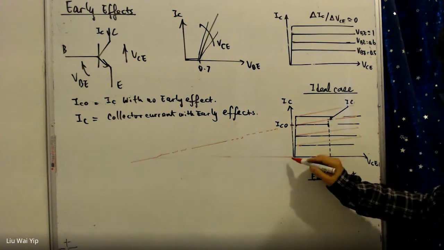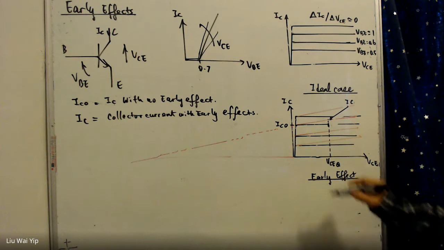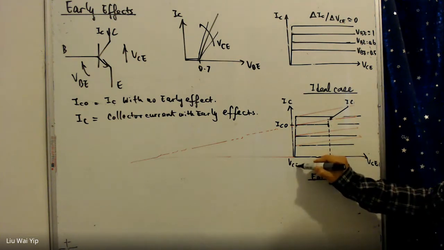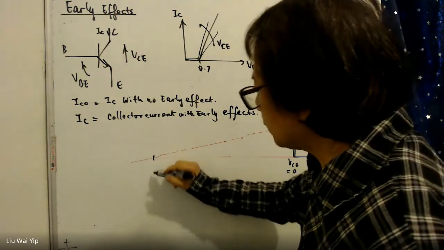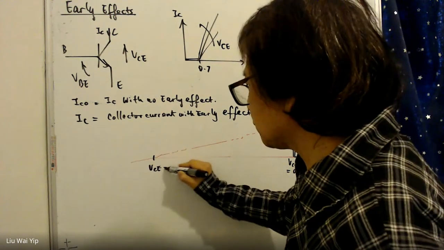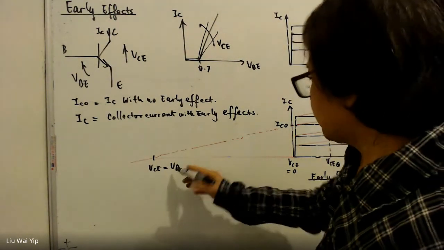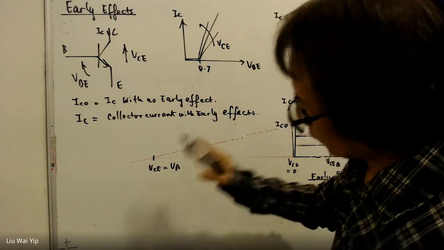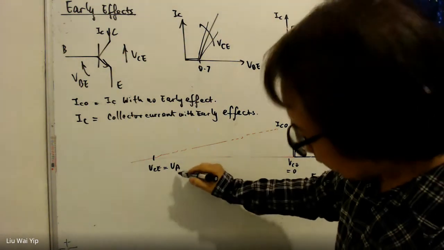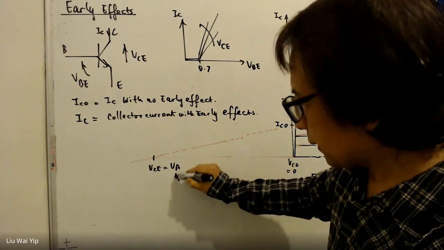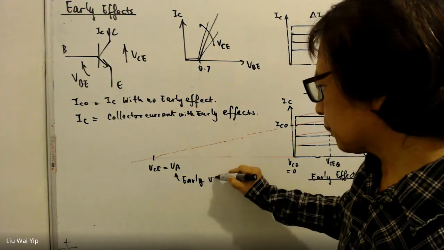So at this point, the voltage is VCE equals 0. And at this point, VCE is equal to minus VA. I don't know why he chose to use VA. VA itself is the Early effect voltage, the Early voltage.